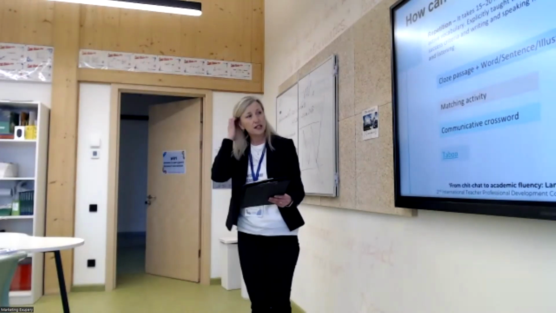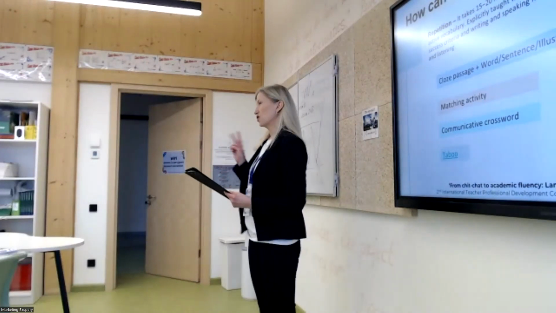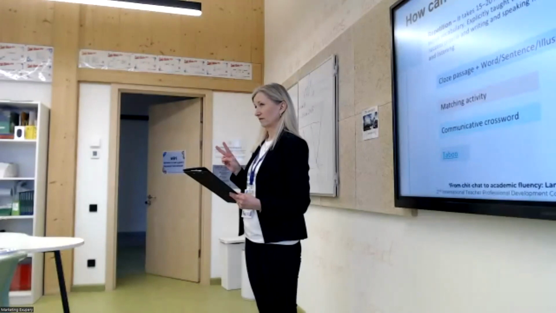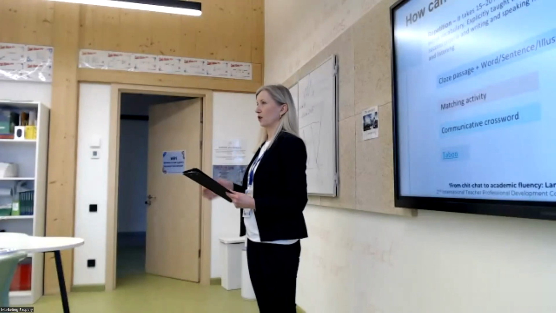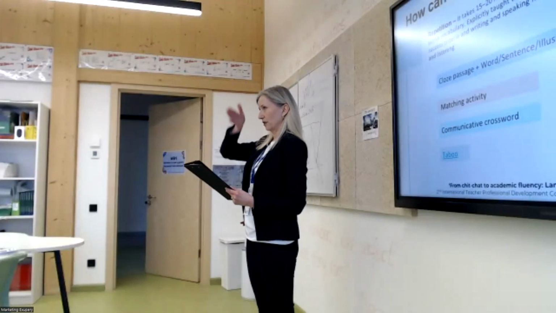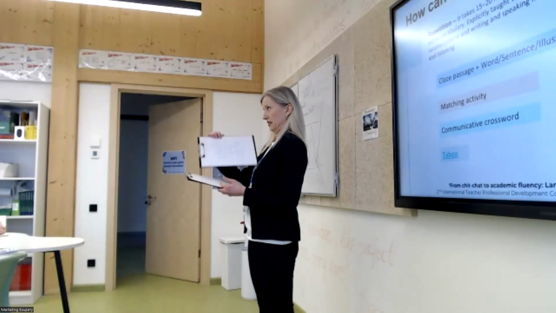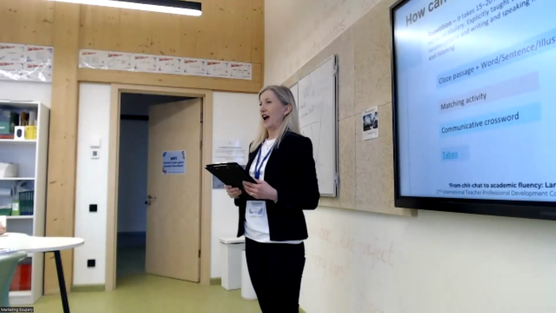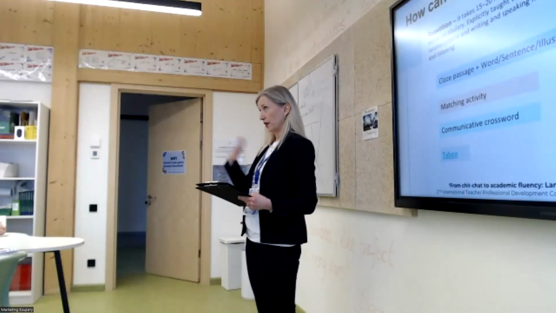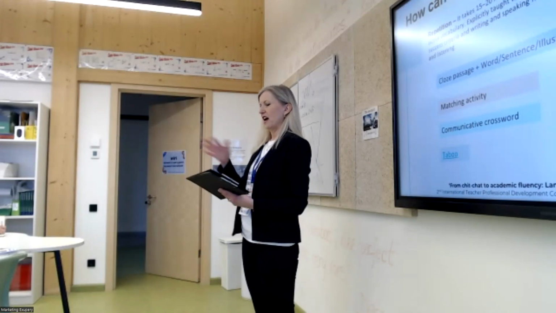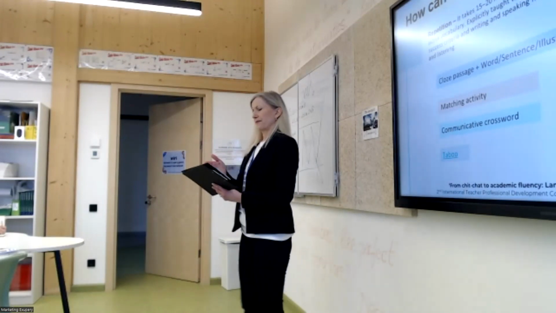So for this one, you do have to work in pairs. One person has all the down clues, and the other partner has all the across answers. And what you have to do is with your partner, they have to say, all right, 1 down.